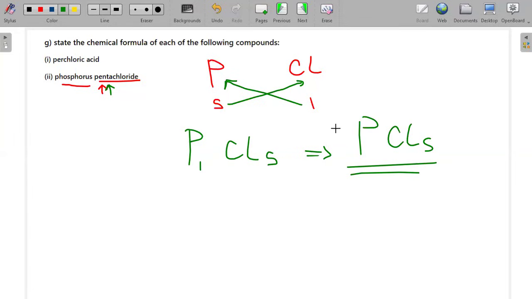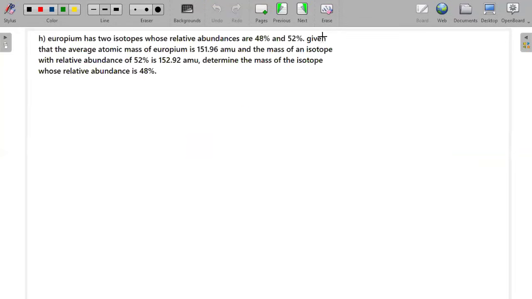Okay, if there are no questions, let's look at the last question, which is on isotopes. I think in the class we had on Monday, I was discussing these same things: how to find the mass if it's missing, or the percentage abundance if it's missing.